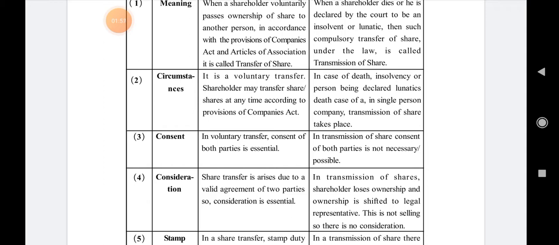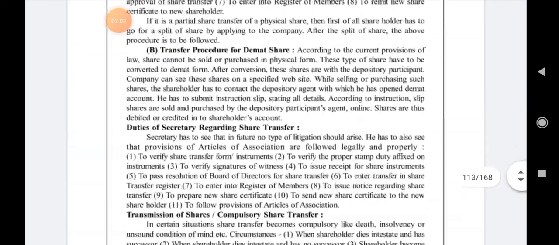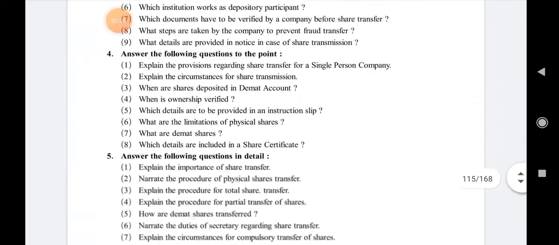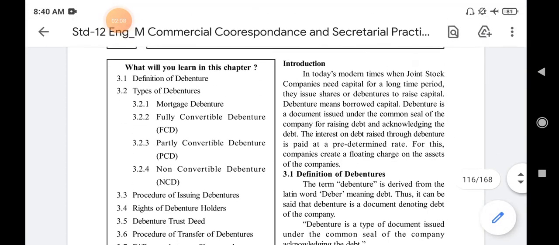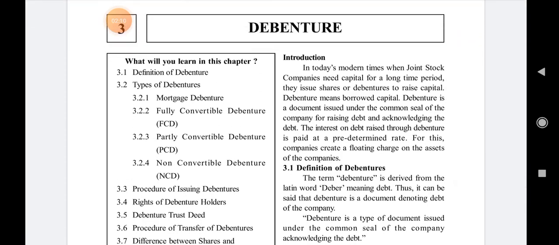Now we are going to start our new chapter, that is debenture. It is a very simple and easy chapter as far as all chapters are concerned. First of all, introduction. In today's modern time, when joint stock companies need capital for a long period, they issue shares or debentures to raise capital.